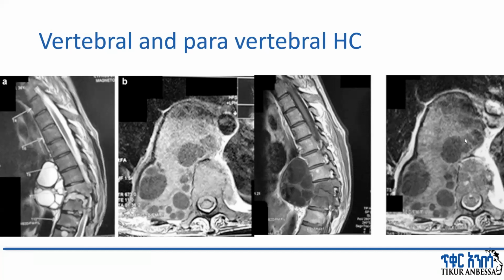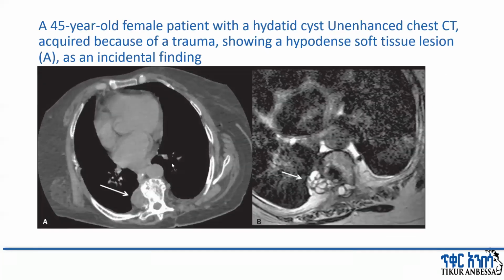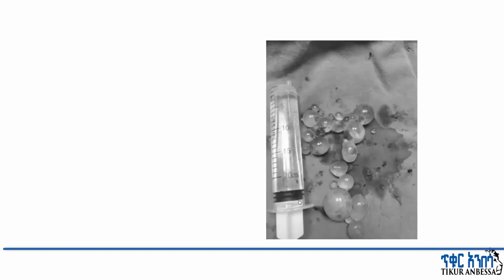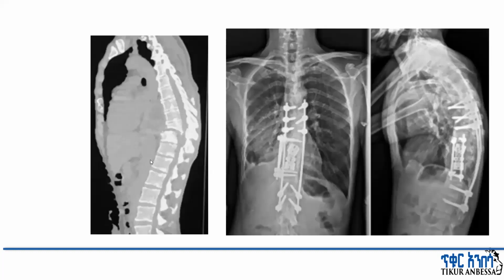So you can see huge soft tissue with vertebral destruction. The patient progressively developed paraplegia and was operated. This is a preoperative X-ray and post-operative X-ray. This amount of vesicles have been removed.